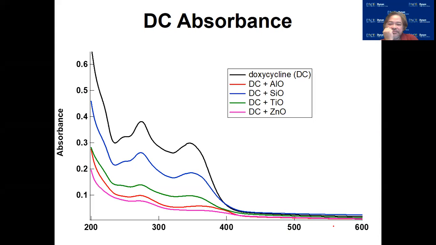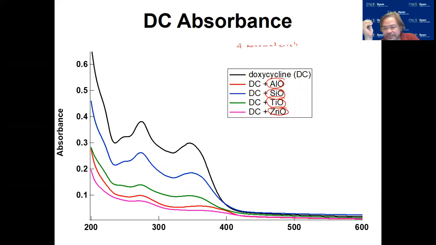So the first thing that we look at is the absorbance. We have four nanomaterials, which are commercially available, so we ordered these. We have aluminum oxide, silicon oxide, titanium oxide, and zinc oxide.